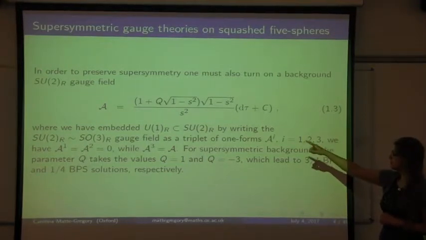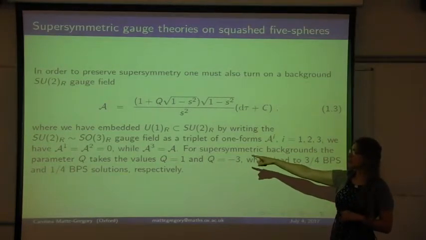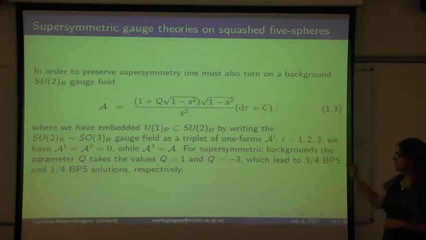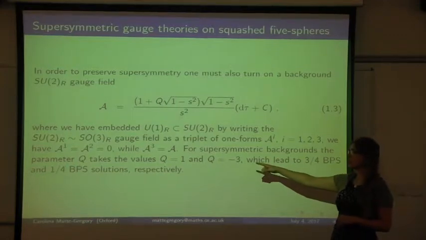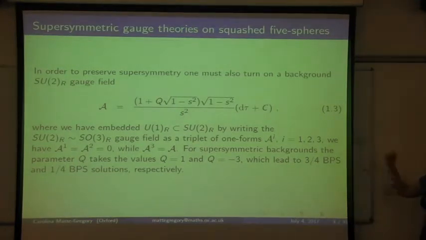Here you can think of A3 as the third generator of SO(3), so A1 equals A2 equals 0, and just A3 equals A. For it to be supersymmetric, the parameter k has to be either 1 or -3. This will lead you to 3/4 BPS and 1/4 BPS solutions.